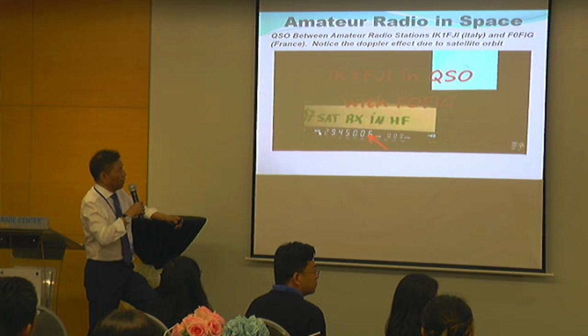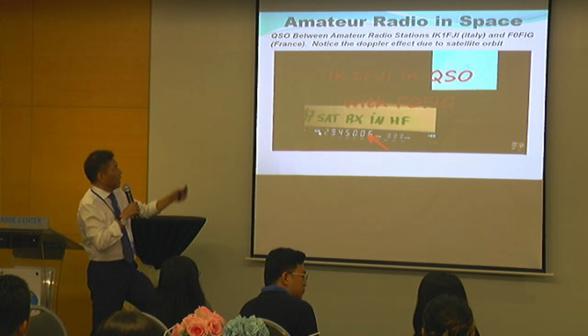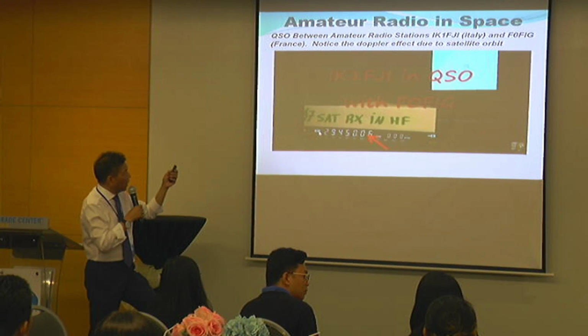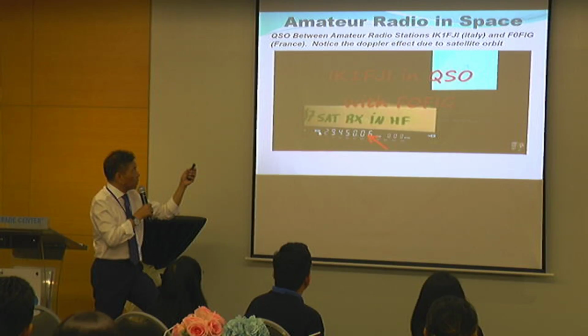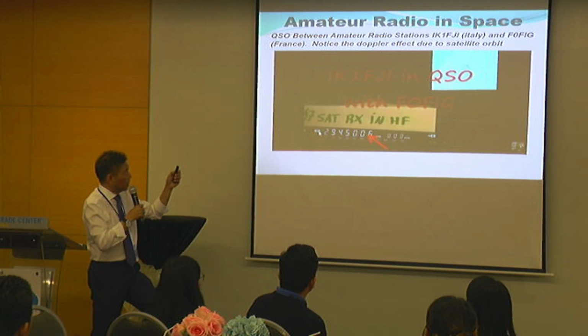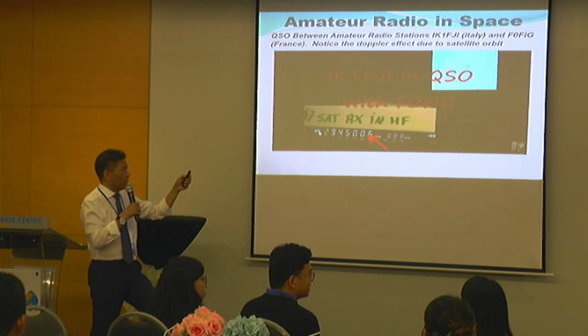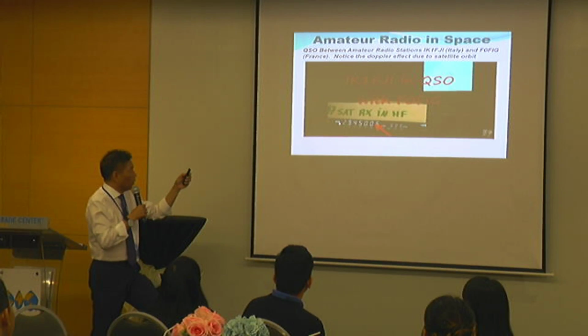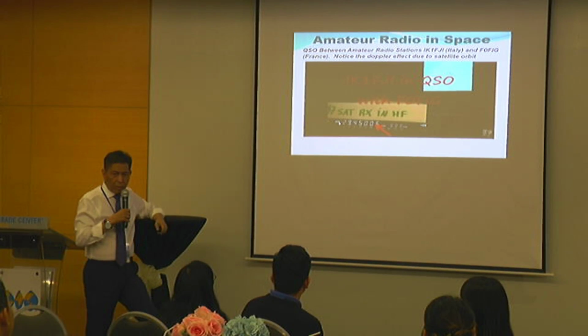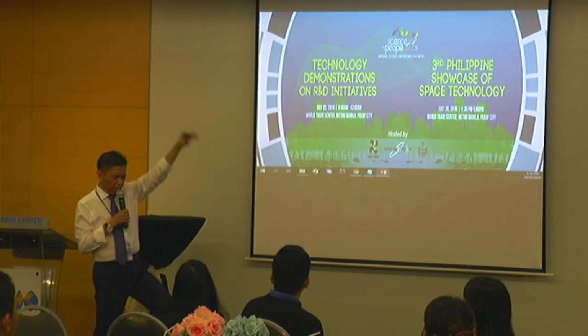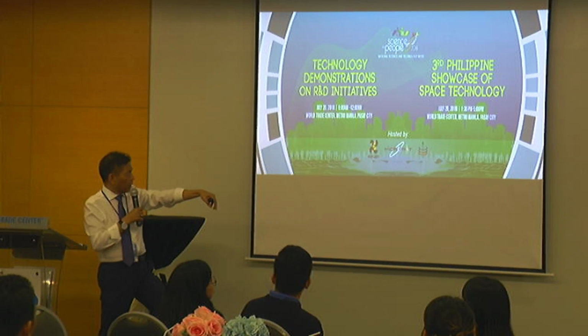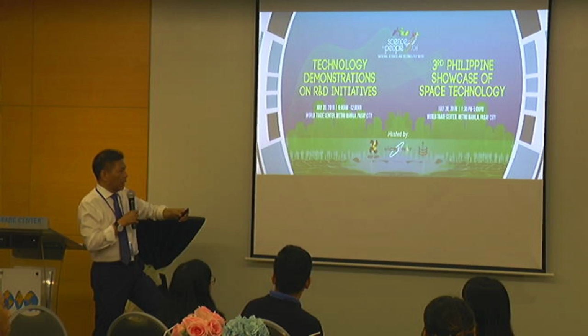Here's another one. If we could play this thing, it would be nice. It's using that Oscar satellite that you guys saw earlier. This was supposed to be a conversation between an Italian station and a French station. And what I was going to show you guys was the frequency, the one in the red. If you can see, kasi it also looks back at the Sputnik satellite.